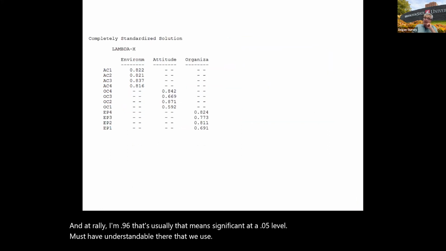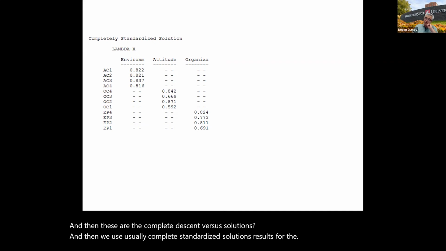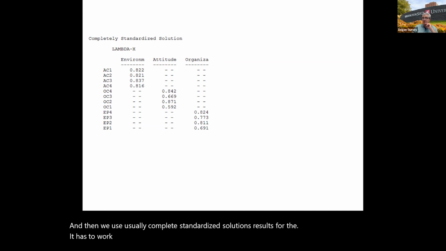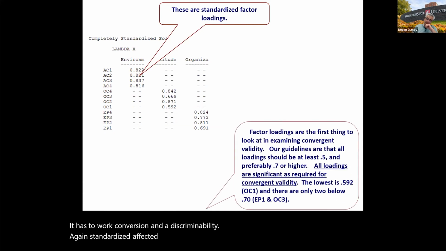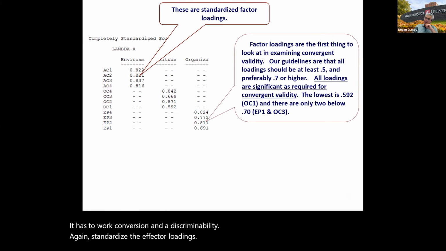And then these are the completely standardized solutions. We usually use the completely standardized solution results for testing convergent and discriminant validity. Again, standardized factor loadings are the first thing we look at. You don't want very low factor loadings.